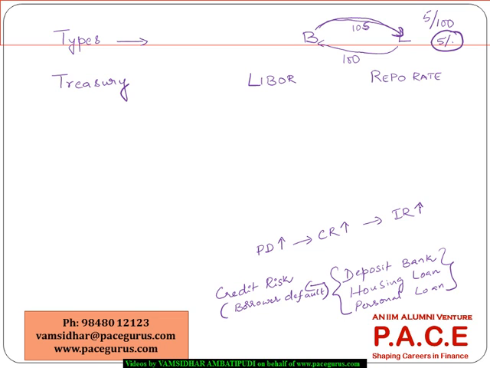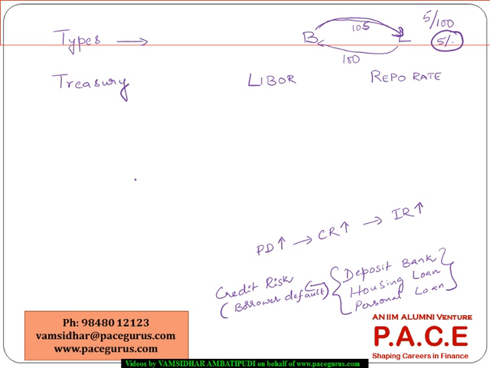So the higher the credit risk, the higher the interest rate promised by the borrower to the lender. And that is how interest rate numbers differ from transaction to transaction. A pure analysis of credit risk, the possibilities of default, will give rise to what kind of interest rate should be applicable.